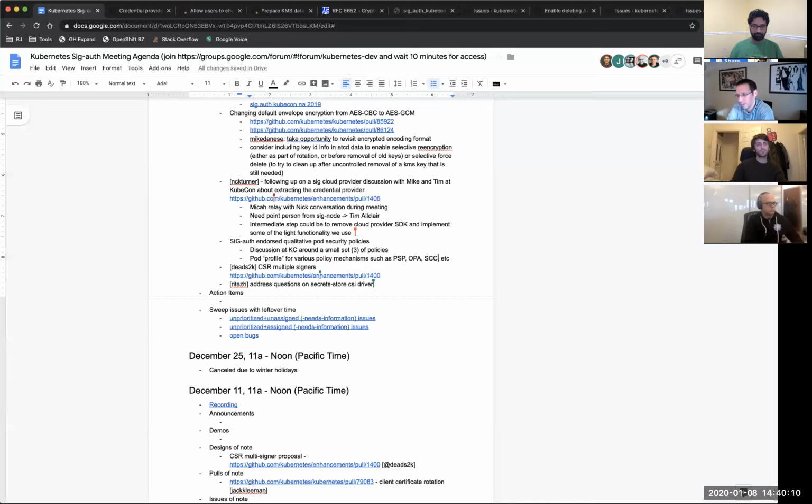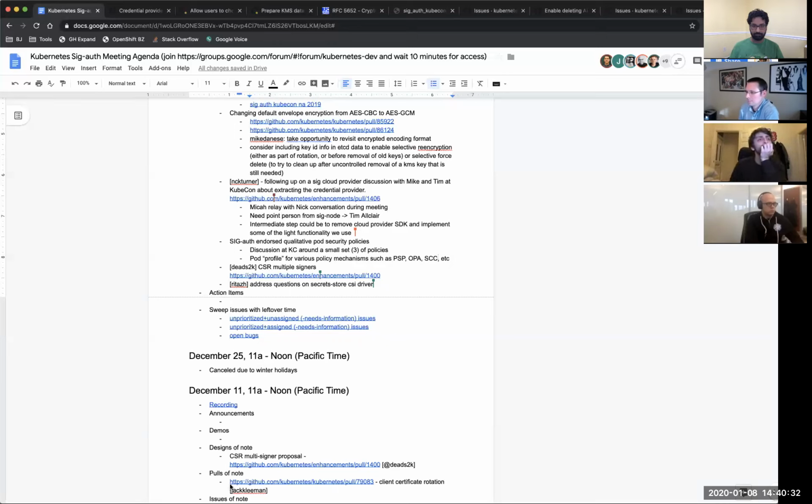So would we have a finite, less than 6, profiles and an implementation of each profile in PSP, OPA, and SCC? Or would we let each policy mechanism define their own set of profiles?